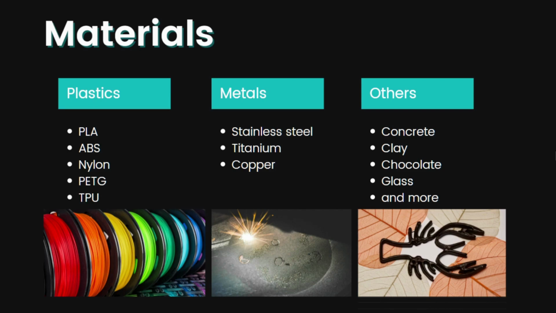Of course, not for the average at-home 3D printer user, but there are many mail order services where you can order metal prints. And some other, I would call experimental types of 3D printing would be clay, concrete, people trying to print houses, chocolate, I've seen glass, and much more.